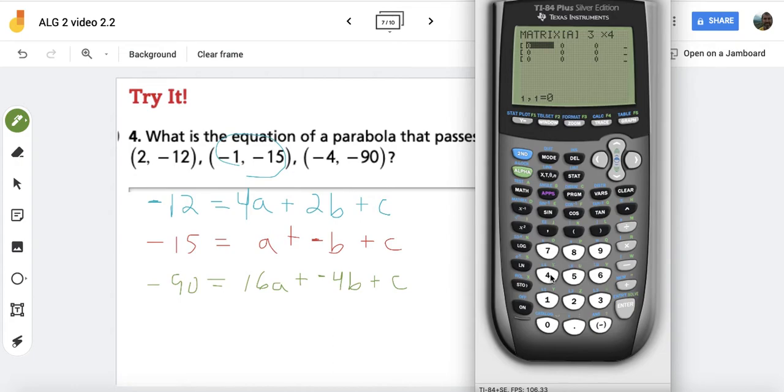So I really want to type in a 4 first, 4, 2, and 1, and that equaled -12. Next row has a 1, a -1, and a 1, and that equaled -15. Last row had 16, a -4, and a 1, which yielded a result of negative 90.